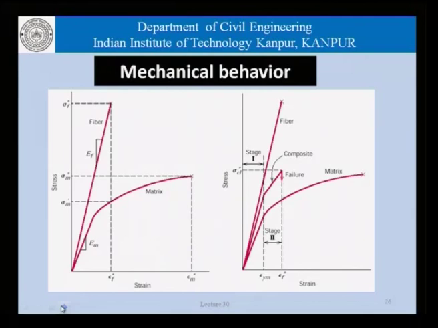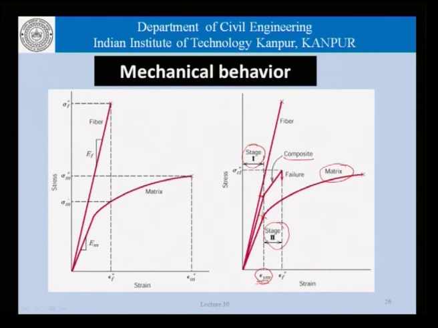Once again, if we plot the mechanical behavior in terms of stress and strain of the fibers, we can divide the stress strain behavior of the composite into two stages, stage 1 and stage 2, which are separated by this value here, which is nothing but the value at which the matrix becomes non-linear.